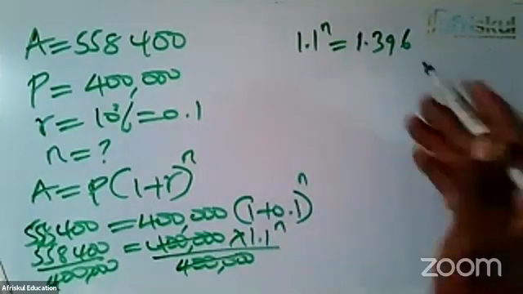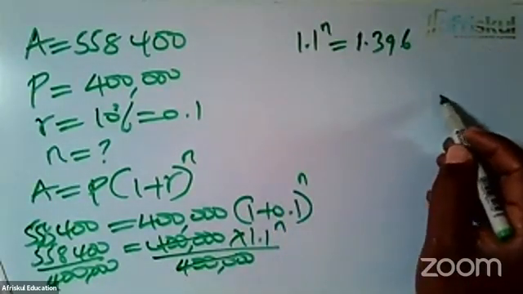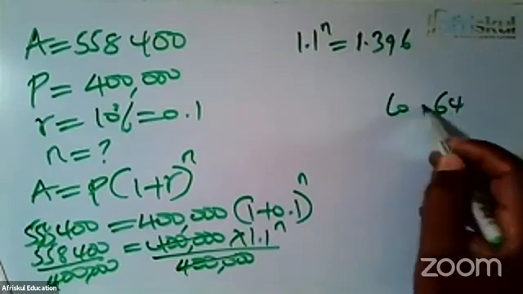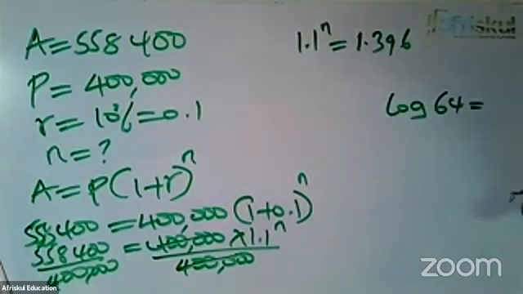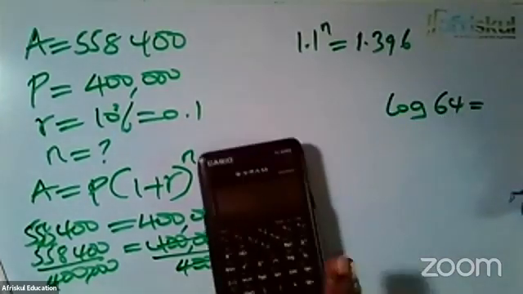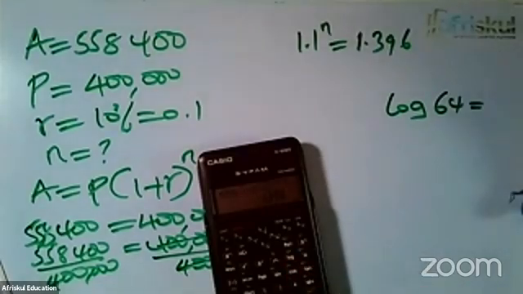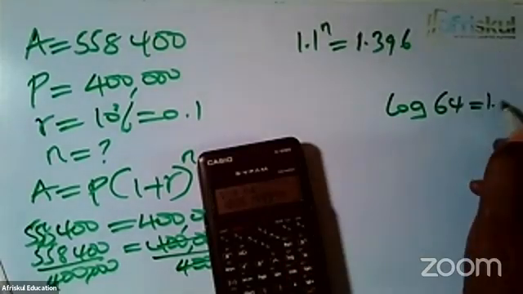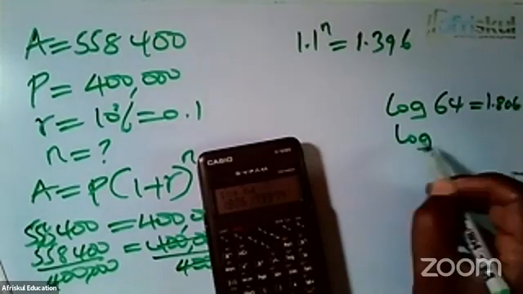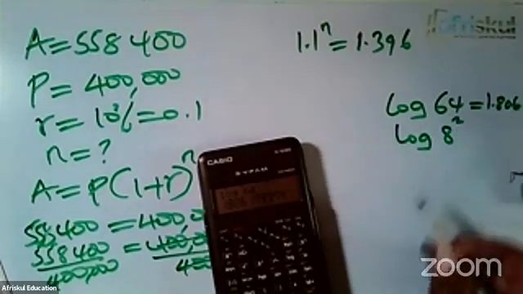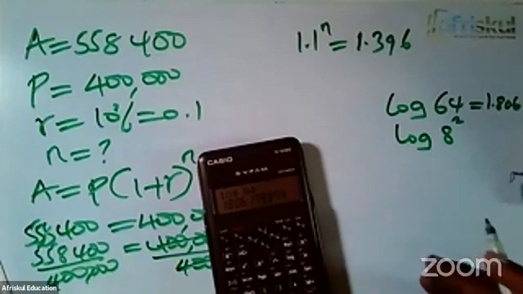And I gave you a very good example. If you have a number like 64 and you want to get its logarithm, the logarithm of 64 is 1.806. How about the logarithm of 8 squared? Because 64 is the same as 8 squared.